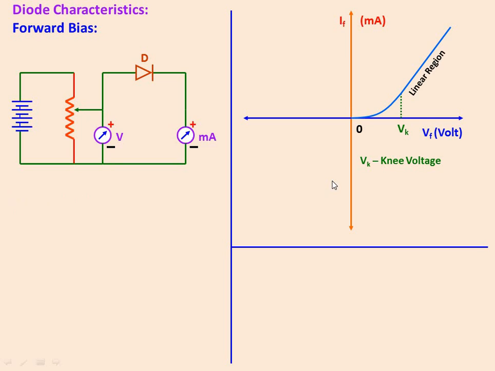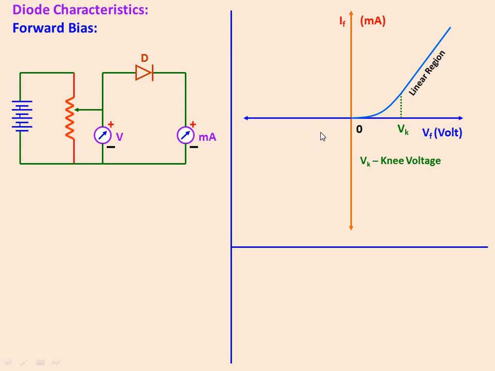So first let's understand this forward bias condition, then we can go for the reverse bias. Look here, this graph we can call VI characteristics, potential-current characteristics, or simply diode characteristics. You have an experiment regarding this in your laboratory.